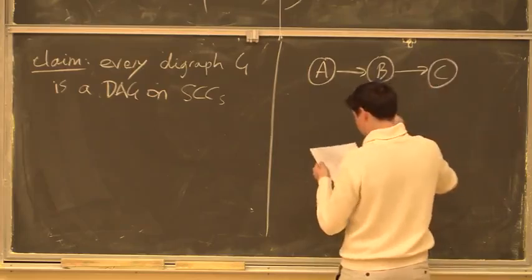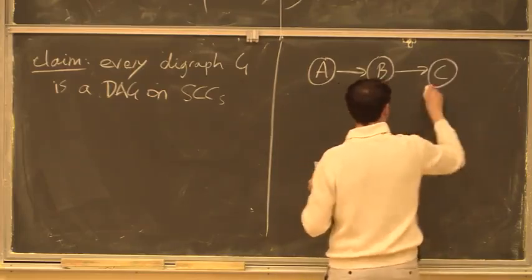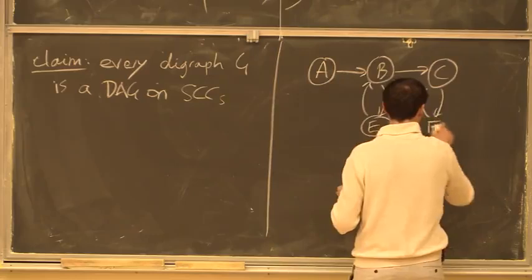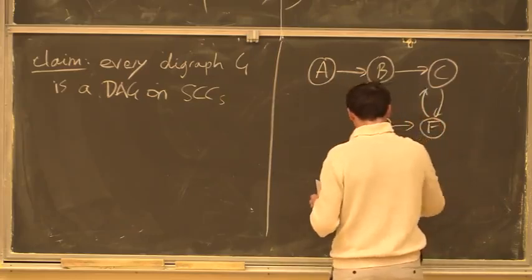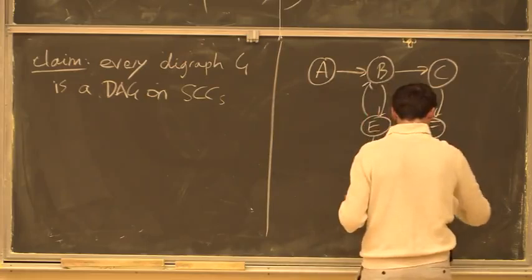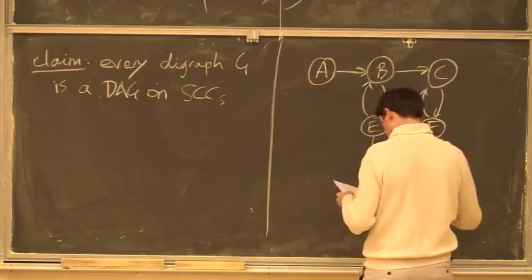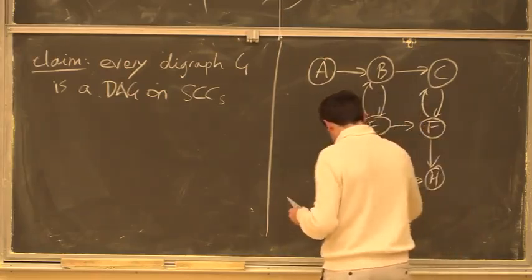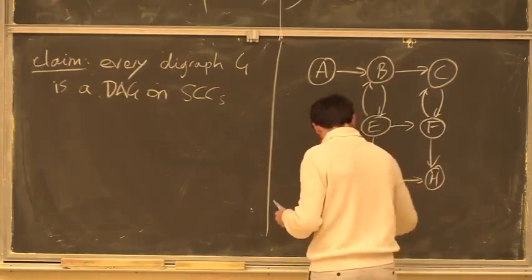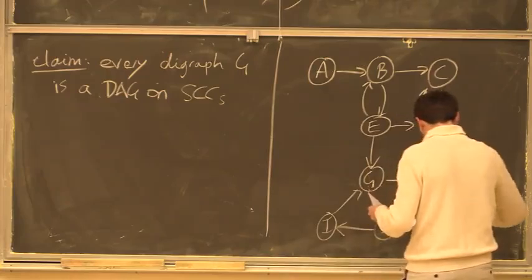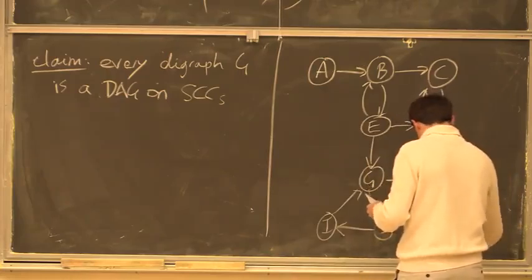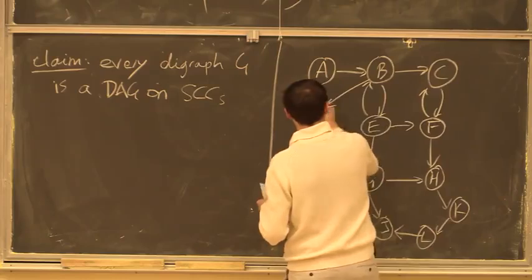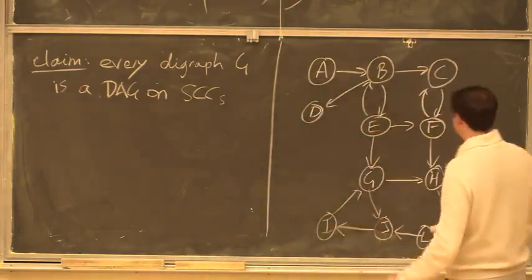So we have this, which is indeed a messy looking one. Okay, I think I put in everything I have here. All right, so this is the directed graph.